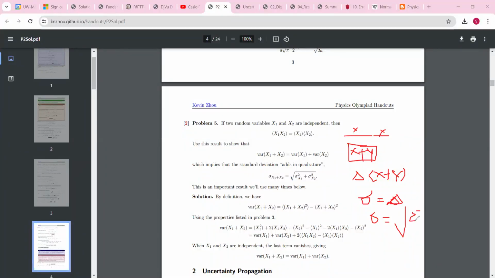Summation of xi minus x average, mean, squared, divided by n multiplied by n minus 1.